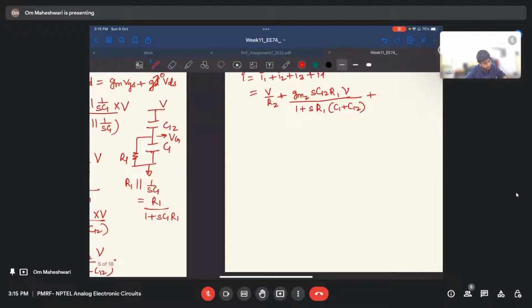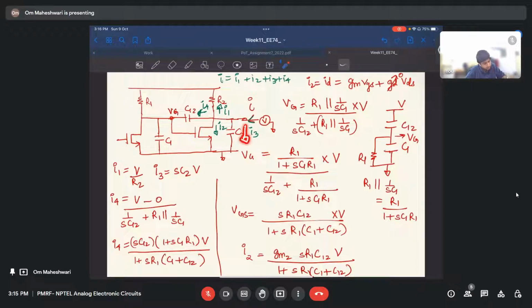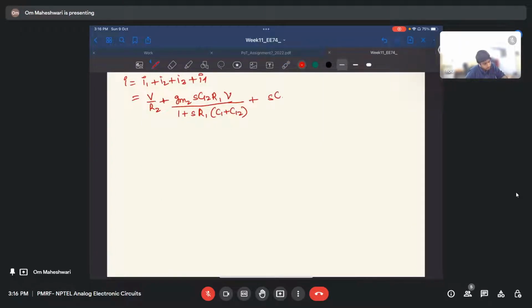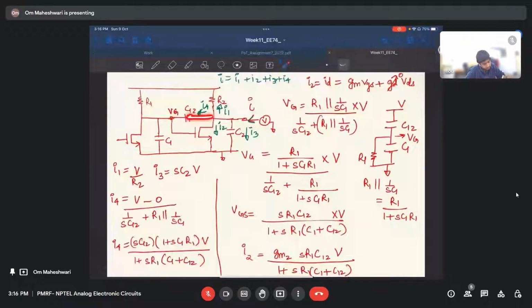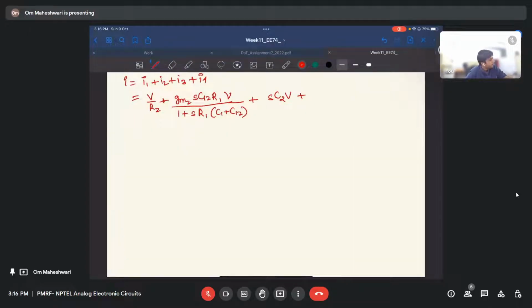I3 is the current through the capacitor, the output capacitor, so it is SC2 times V, and I4 is the current flowing through here and going to the ground through this. So this current I4 is this, right? So let me write it. I4 is SC12 (1 plus SC1 R1) times V whole upon 1 plus SR1 C1 plus C12. Okay, so this is I.